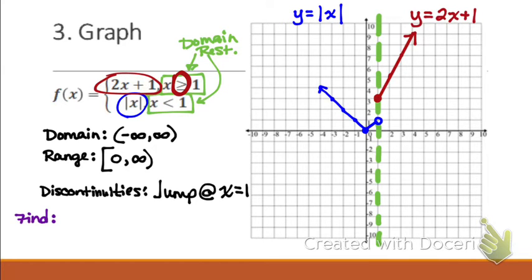I want you guys to find the following values for me. Find f of negative 2, f of 0, and f of 7.